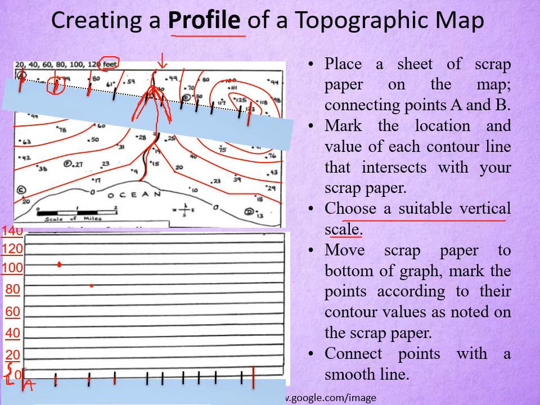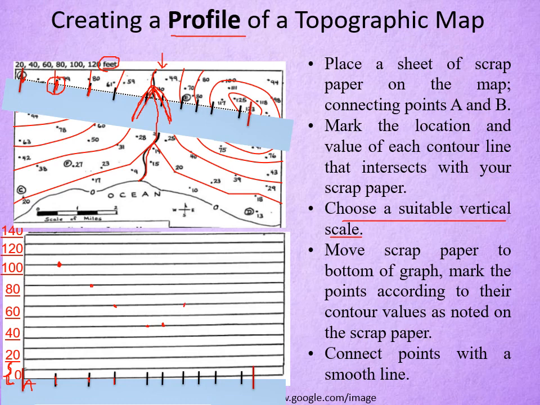The next one is 60 feet, so 60 feet should be about here. Next one is 40 feet, so it is here. Next one is 40 again, here. Next is 60, this.